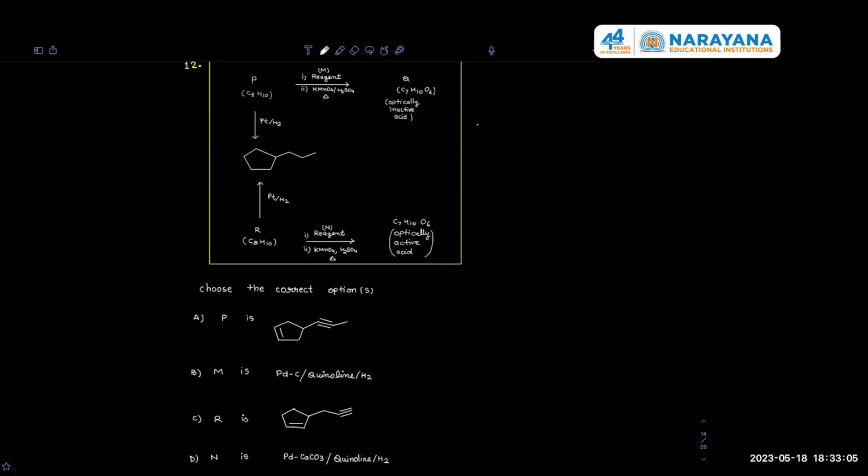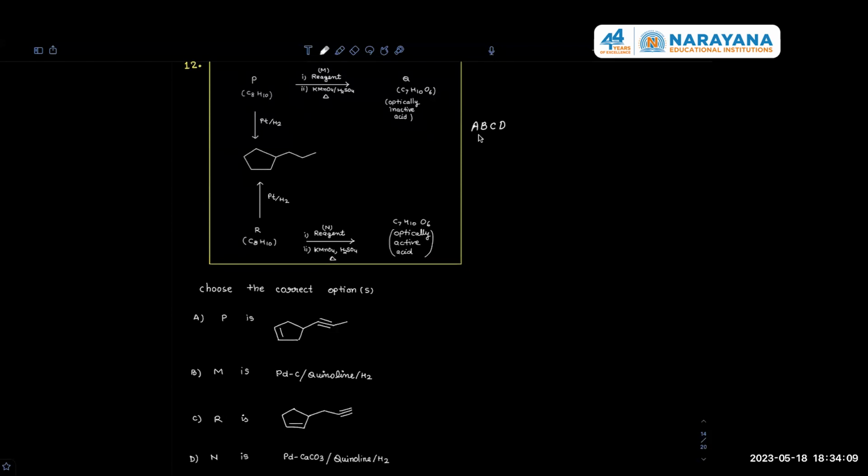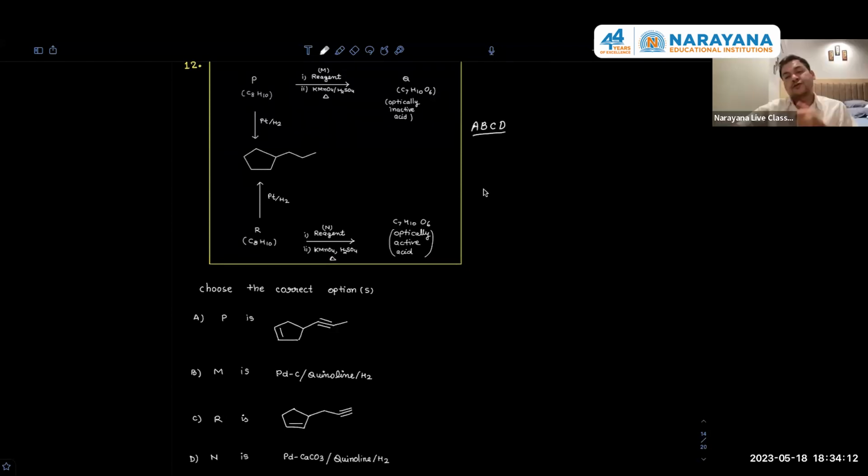Sir, B and C. Okay. No, sir. A, B, and C. A, B, C, D. The absolute answer is A, B, C, D. Now you can check.